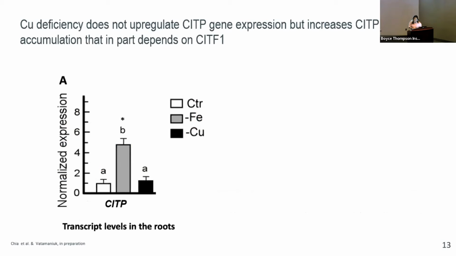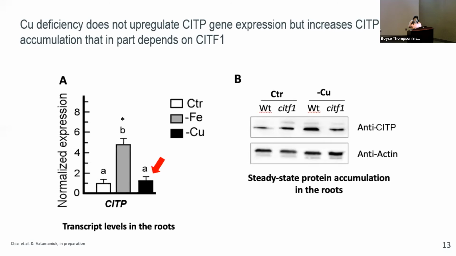When we tested the expression and protein stability of CITP under copper deficiency, we found that the CITP transcripts were not upregulated in copper deficiency, but that there was increased CITP protein accumulation in copper deficiency that in part depends on the CYP1 protein. We can tell because in figure B, there is more CITP available in wild-type plants under copper deficiency than there are in control.